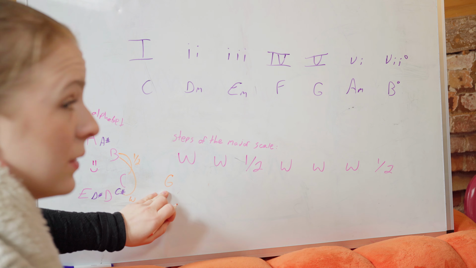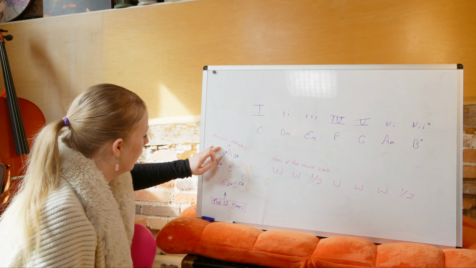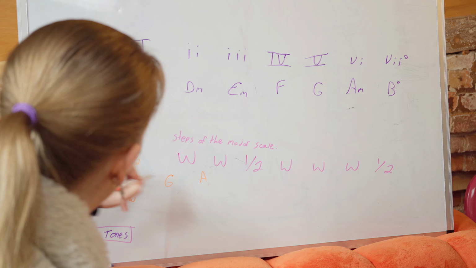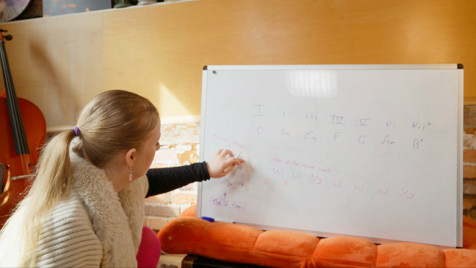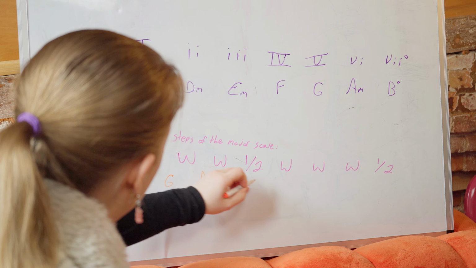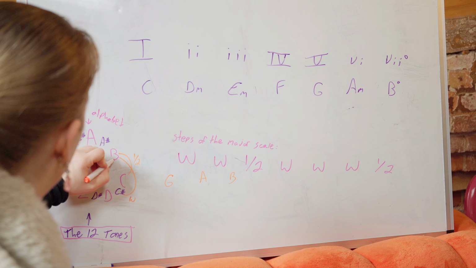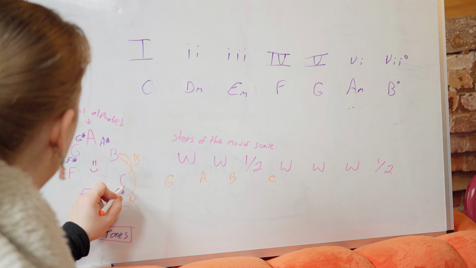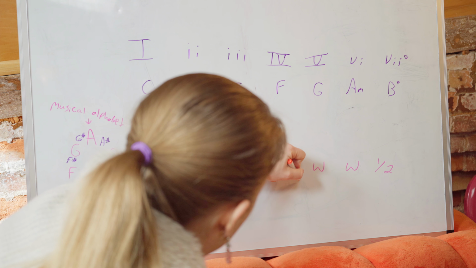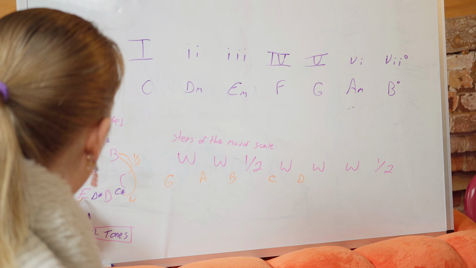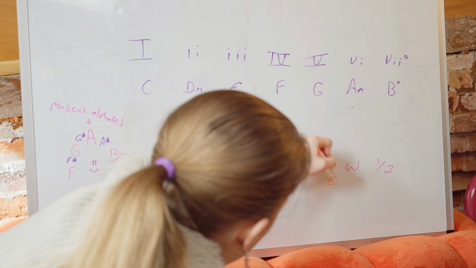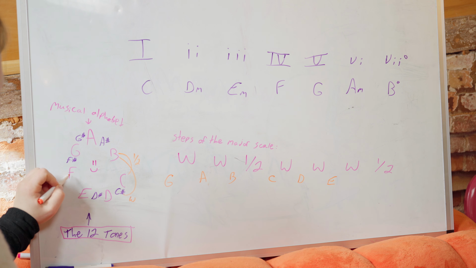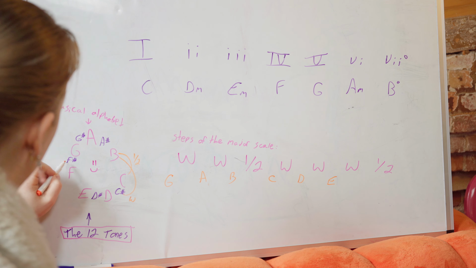So if we're making the G scale, we're starting on G, we're going one whole step, so that's to A. Then another whole step, going from A to B. Then we need a half step from B to C. Then we need another whole step, C to D. Whole step, D to E. Whole step, E to F sharp, because we're skipping F to make a whole step.